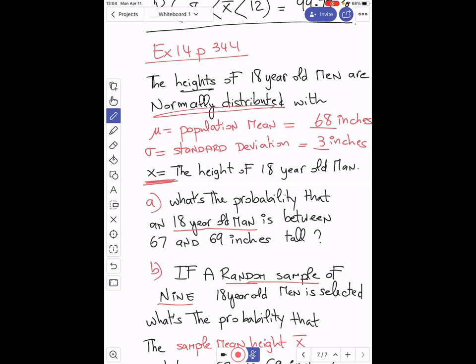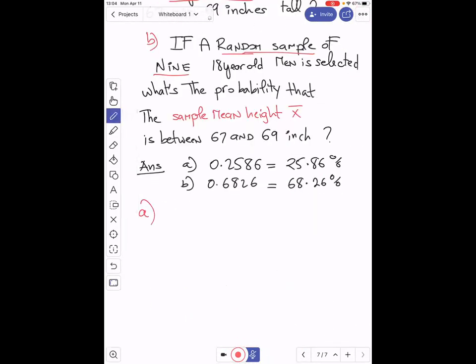The question is to find the probability that a single, just one 18-year-old man is between 67 and 69 inches tall. You take just one 18-year-old man, that's your x, and you want to find the probability that x, the height of an 18-year-old man, is between 67 and 69 inches.